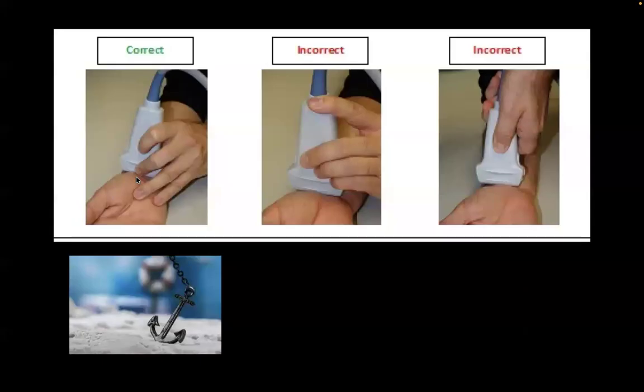That way, when you scan someone's hand, let's say, you don't slip right off, because it's going to be a very slippery surface with ultrasound jelly. So please beware and make sure that you anchor your probe hand on the patient's body.